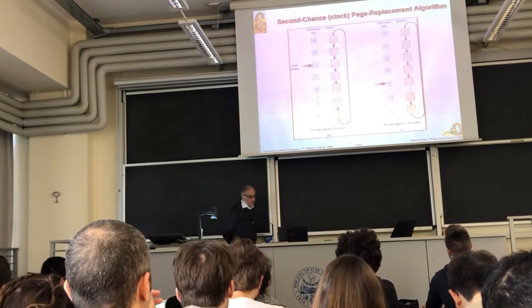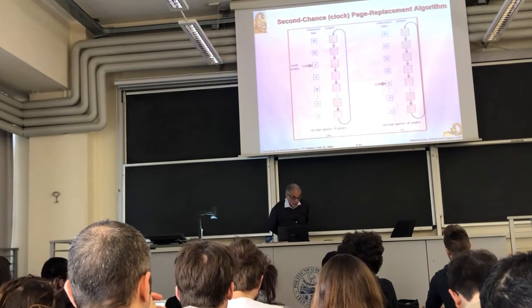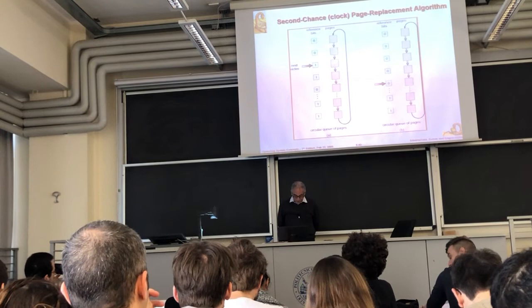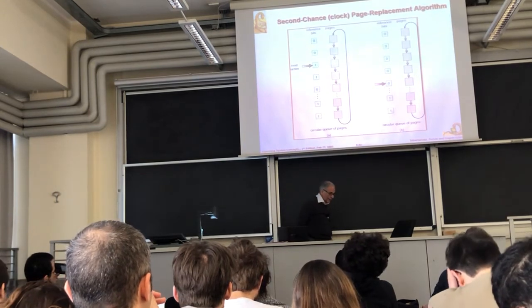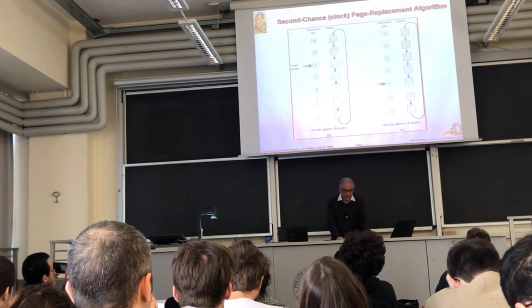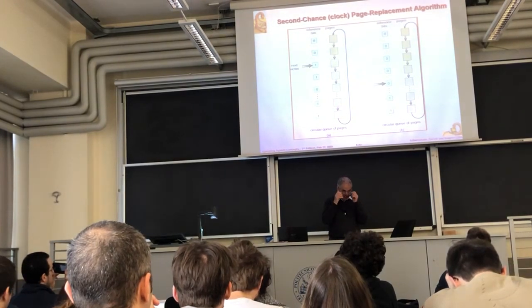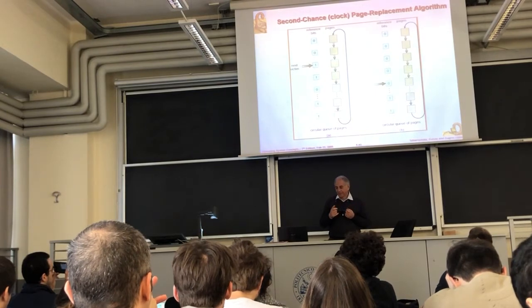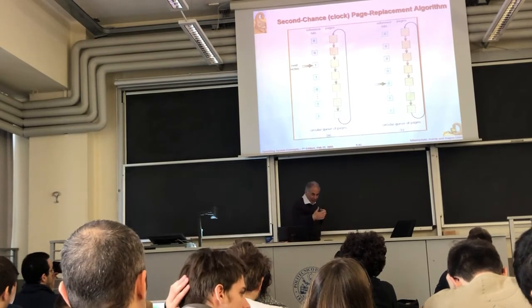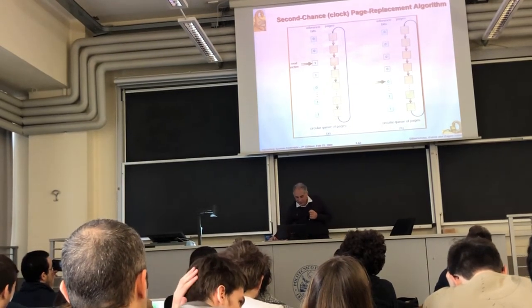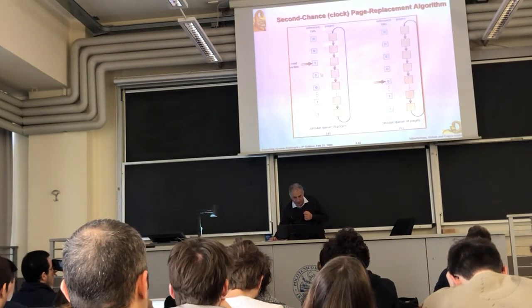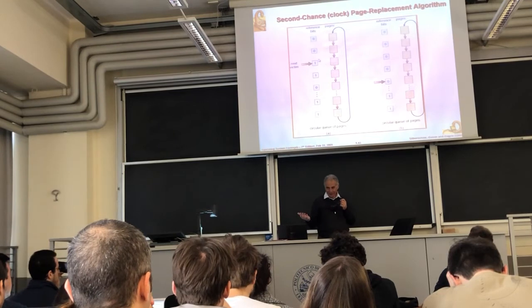This is called the second chance algorithm, or the clock algorithm, used also in Unix. So when a page fault occurs, all the reference bits are reset. Then, going on, without page fault, some pages are referred. These pages are being referred, and the others not.